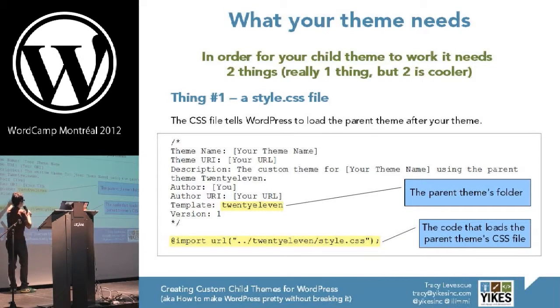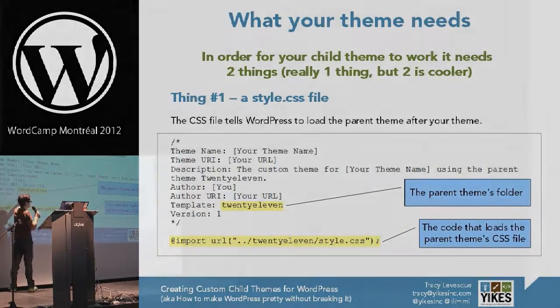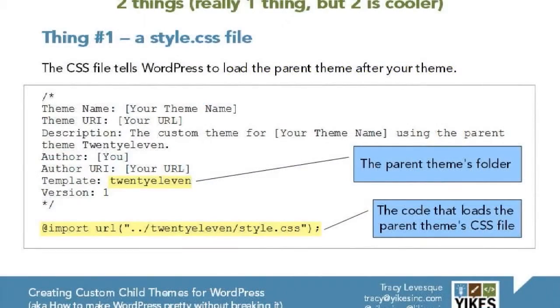And then these things are very important. The template is the name of the folder that your parent theme is in. So in this case, it's 2011. And then this line is very important because it imports the style sheet from the parent theme. So you need these two things for your child theme to work.